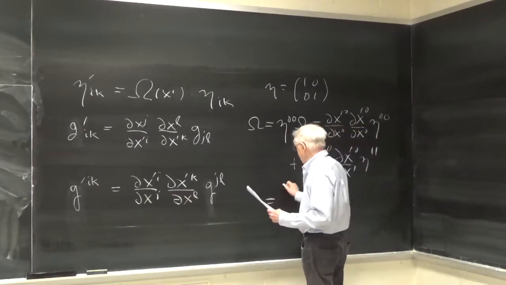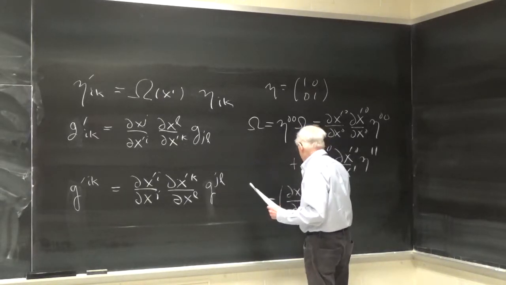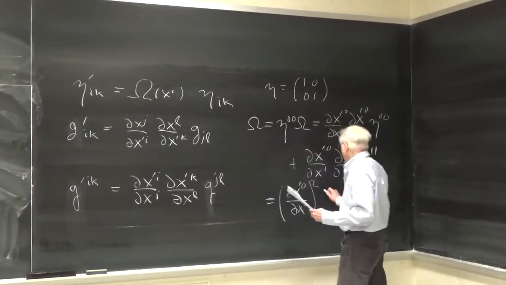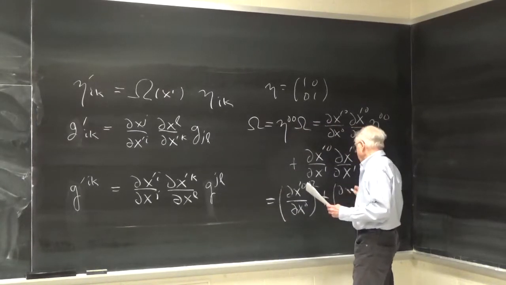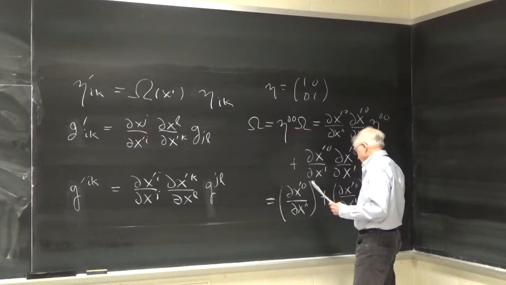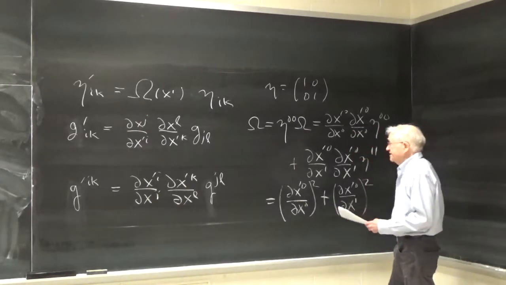And this is the same thing, of course, as the quantity (partial x'^0 over partial x^0) squared plus (partial x'^0 over partial x^1) squared. So that's one equation: that omega is that.